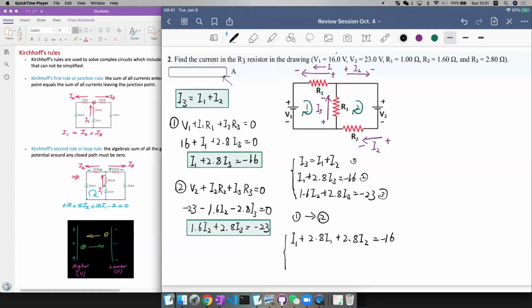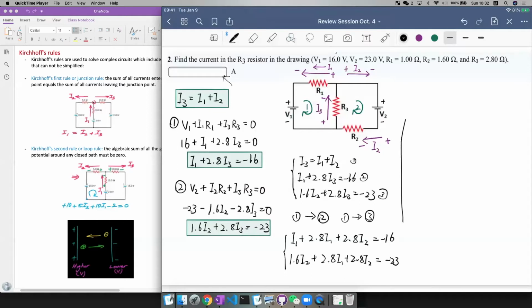And then we substitute 1 to the equation 3. We have 2.8 I1 plus 2.8 I2 equals negative 23. So now we only have two unknown variables here. So we're one step closer to the final answer.